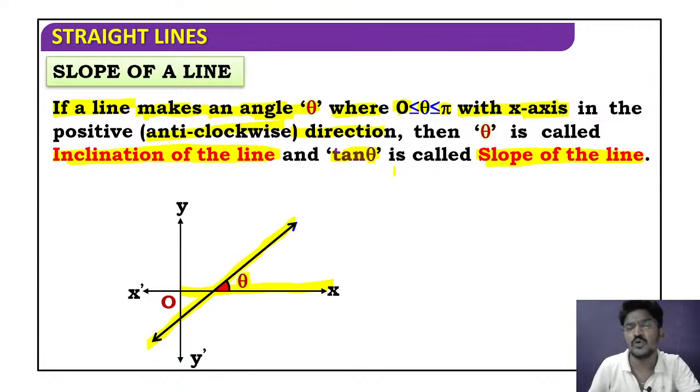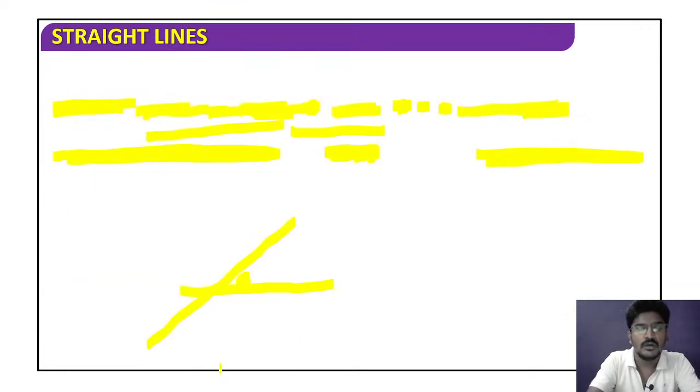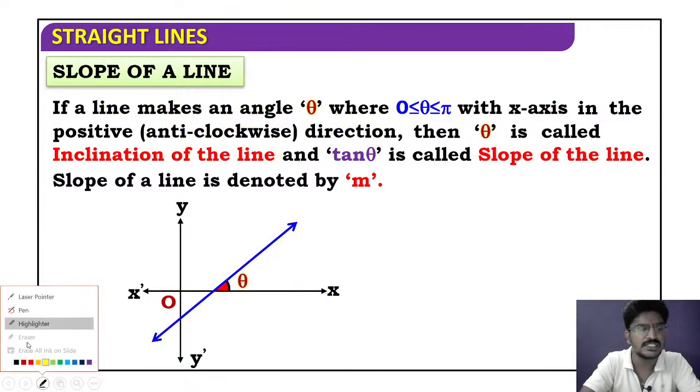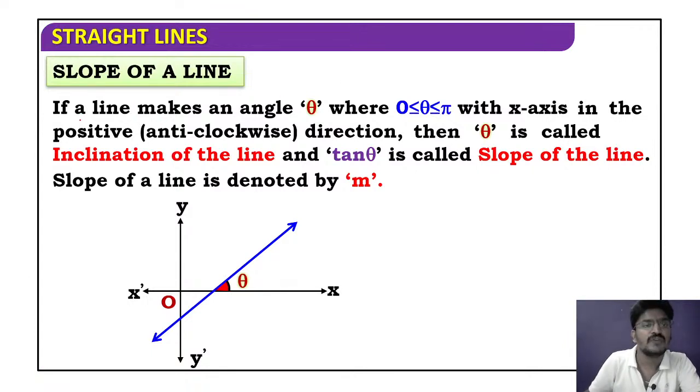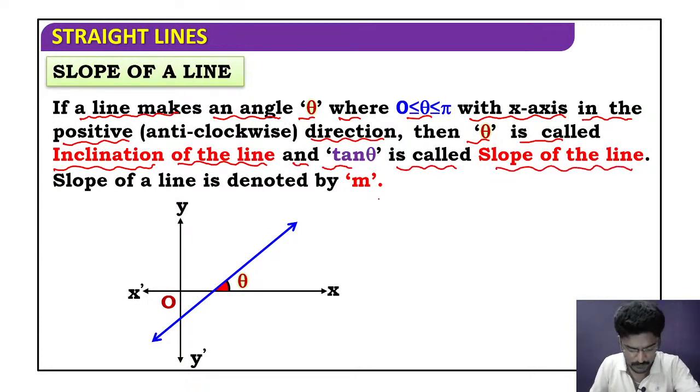But here just go through the definition again: if a line makes an angle theta in the positive direction of the x-axis, where theta is between 0 and pi, then theta is called the inclination of the line, and tan theta is called the slope of the line.